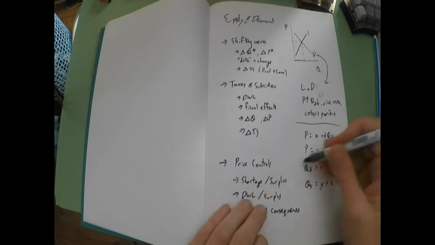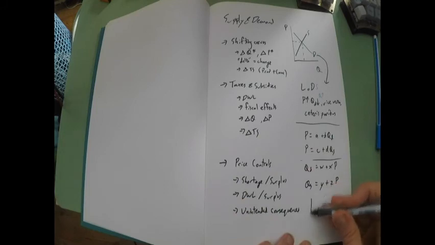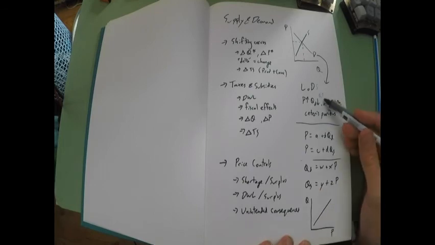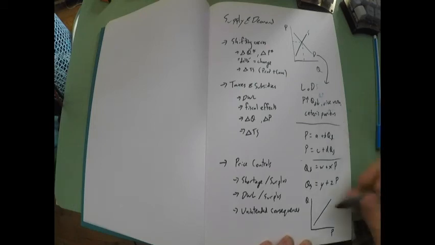So in that case, let's go ahead and just draw the graph. Price, quantity. We're still going to have this direct relationship for supply and an inverse relationship for demand, right?